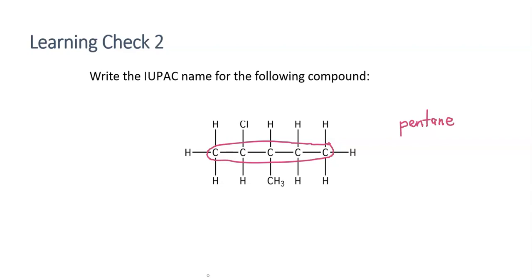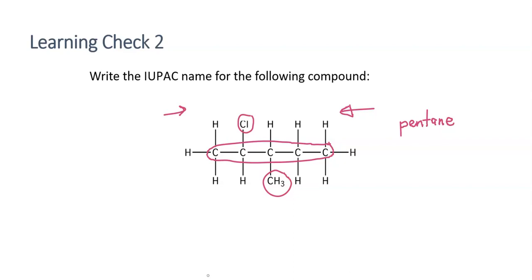Okay, now we have two substituents. The next step is to number the carbon chain starting from one end, from the left hand side or from the right hand side. The rule is when you number the carbon chain, you need to start the numbering from the end which is closer to one of the substituents.